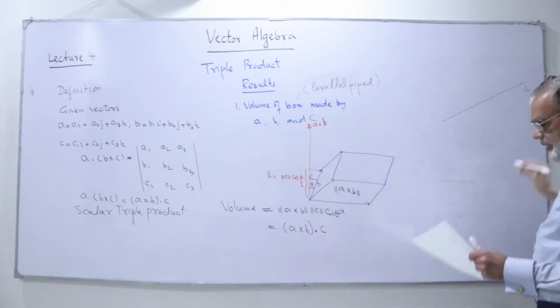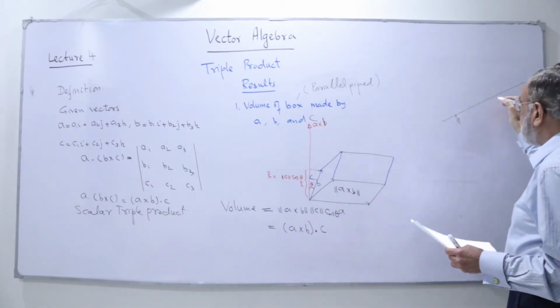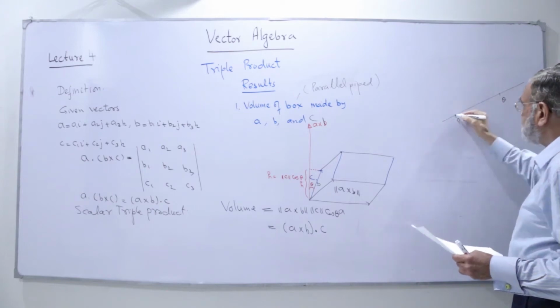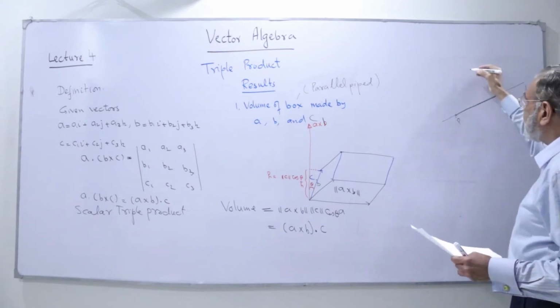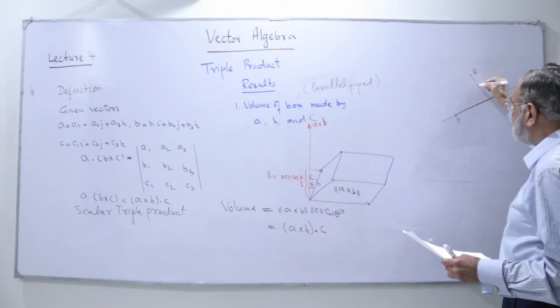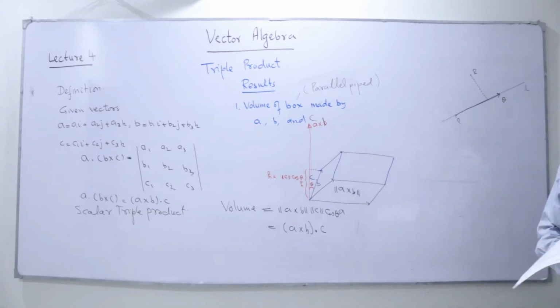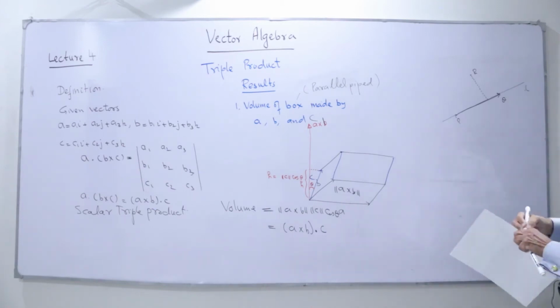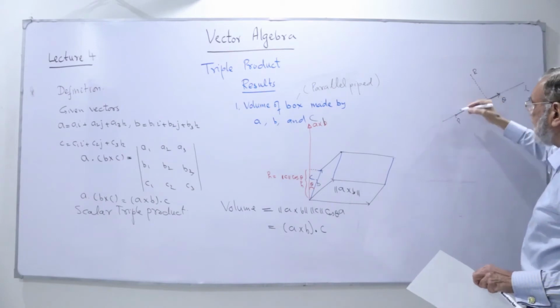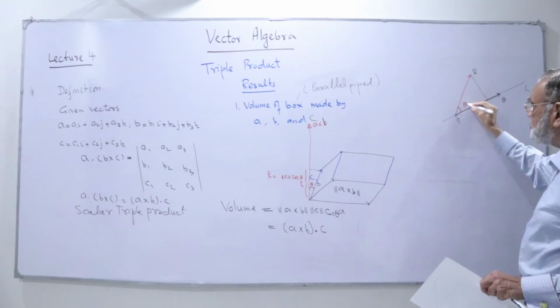This is my line L, and I'm having here points P and Q on the line, so I can get this vector PQ. Vector R is outside the line. I want to find the distance of this point from this line. So when I want to find this, you can see very easily, I can find the vectors PQ and PR. It's my vector PR. It's making angle theta with this one.